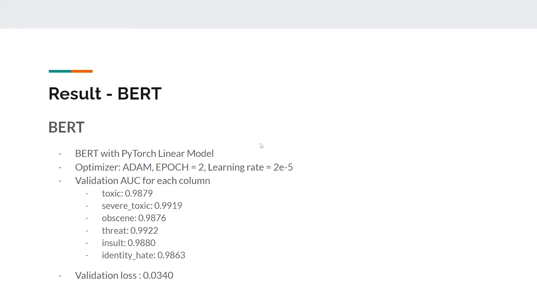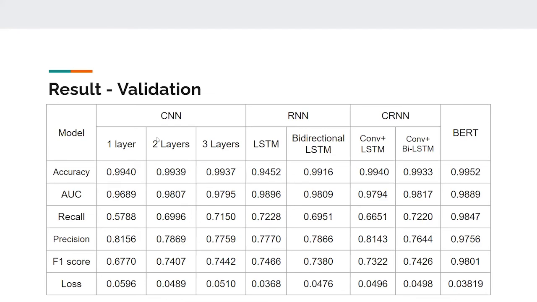Lastly, we use the BERT model with the PyTorch linear model. The average AUC score is about 0.9889 among the 6 columns, and the loss is about 0.0340. In summary, we trained 8 models within 4 types: CNN, RNN, CRNN, and BERT.